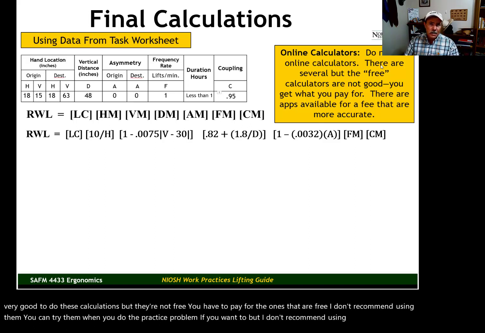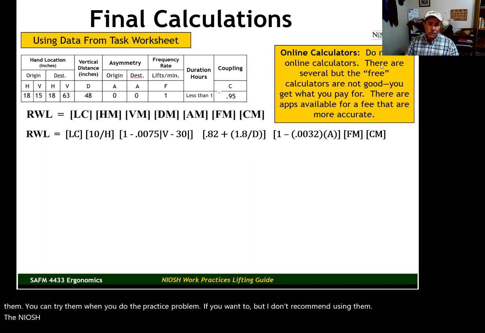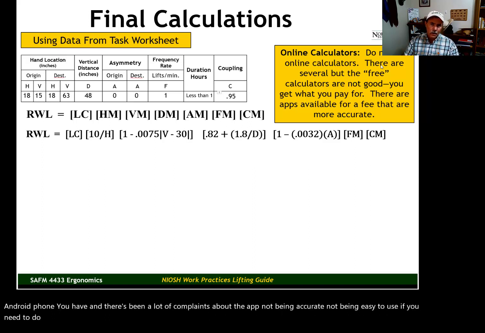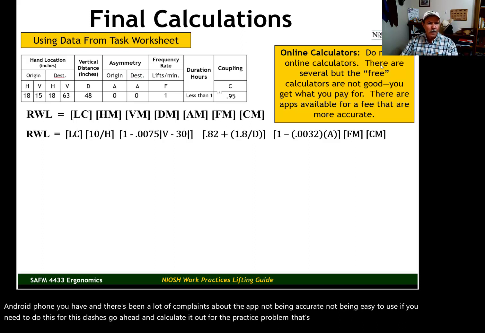The NIOSH even has an app that you can put on your iPhone or your Android phone, whatever Android phone you have. And there have been a lot of complaints about the app not being accurate, not being easy to use. If you need to do this for this class, just go ahead and calculate it out for the practice problem. That's my recommendation to you.